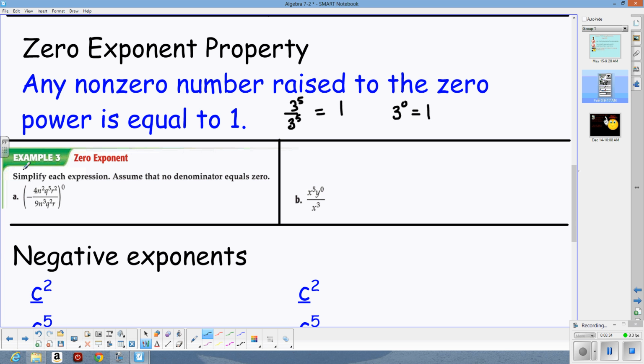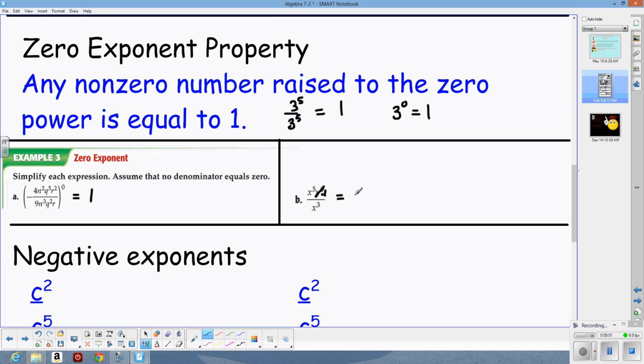In example 3, this problem looks really complicated, but once I see that this entire quotient is being raised to the 0 power, I don't even need to do a thing other than say the answer is 1. Now in the second example like that, there is a little bit of thinking to do, but right here where I see y to the 0 power, that really is like having it be a 1.